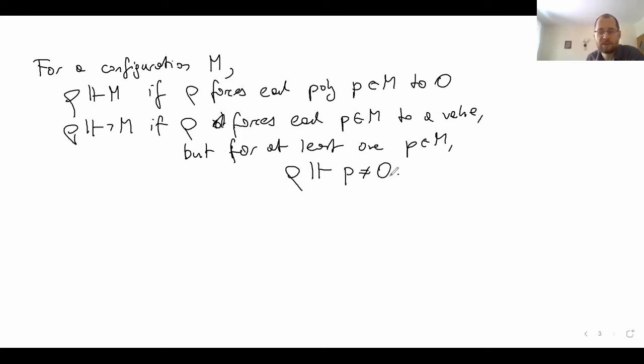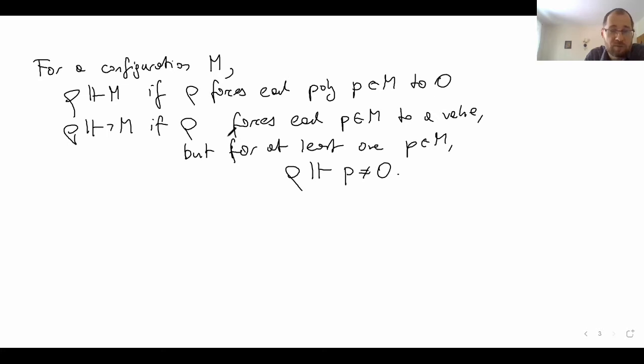The important thing is that you do decide each polynomial. So you decide whether each particular polynomial is 0 or non-zero in forcing a configuration to be false.